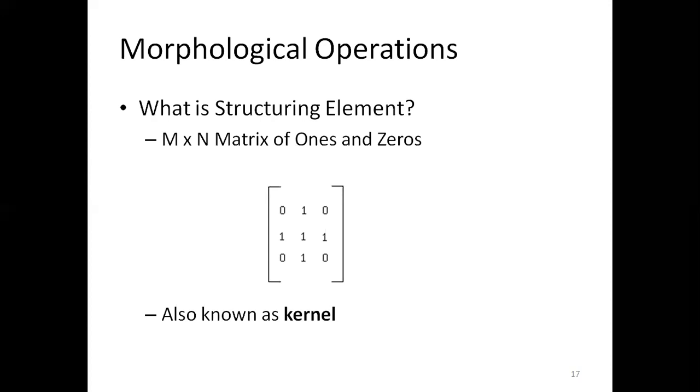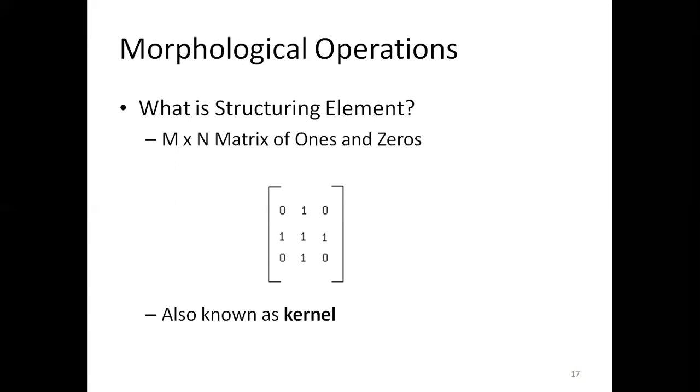So the structuring element consists of zeros and ones, and it has the shape m cross n. The shape of the structuring element will not always be the same. It depends on the application. Some authors also like to call the structuring element a kernel. So somewhere we'll use the term kernel, somewhere the term structuring element. Both are the same. The structuring element plays an important role in all the morphological operations.